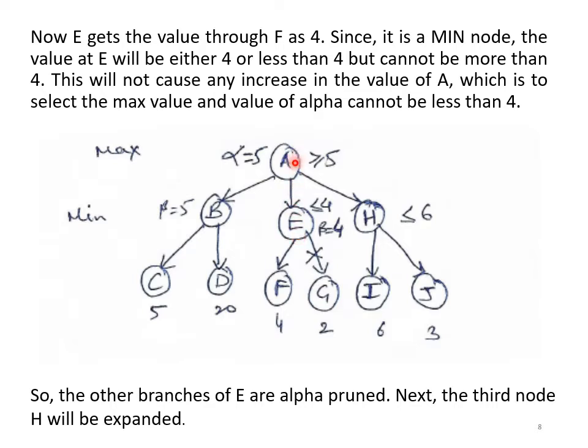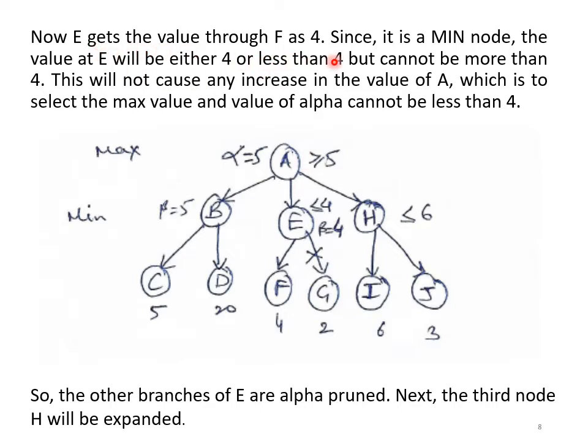But we are saying that alpha's value here is greater than or equal to 5. So if its value were more than 4, then it would have an impact on alpha. But its value is 4 or less than 4, so it will definitely not impact alpha.